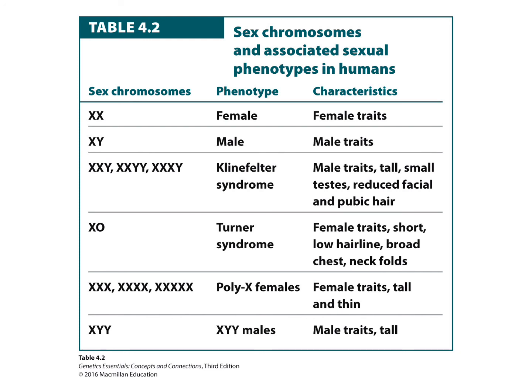However, there are several genetic abnormalities that have been identified that have some specific phenotypes associated with them. So the first example is Klinefelter syndrome. The most common example of Klinefelter syndrome is an example of trisomy of the sex chromosomes.